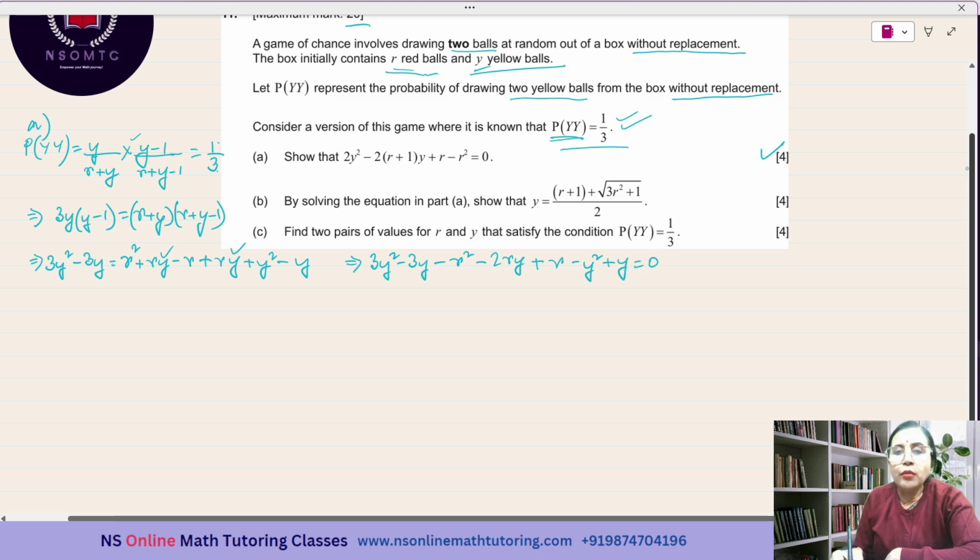So this is equal to 3y² − y², which is 2y². And then we are collecting the terms containing y. This one is negative 3y, this one is negative 2ry, and this one is plus y. So minus 3y plus y is minus 2y, so it is minus 2y and minus 2ry.